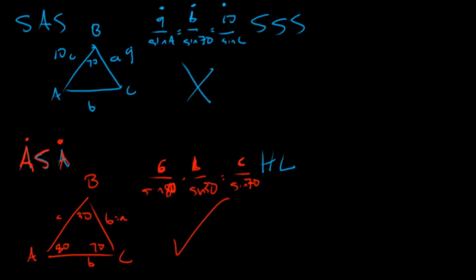Let's look at side, side, side. You might already know the answer. Here's a triangle, and we know all the sides: 4, 5, 6. Cool, not a right triangle.